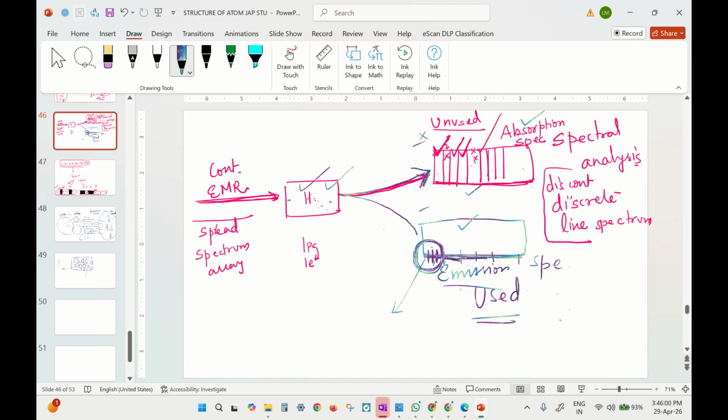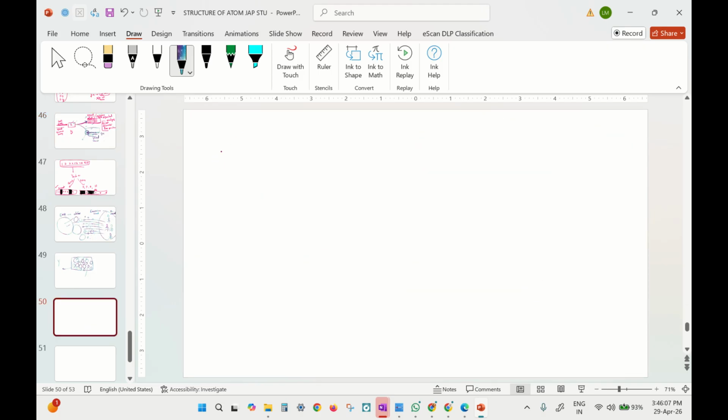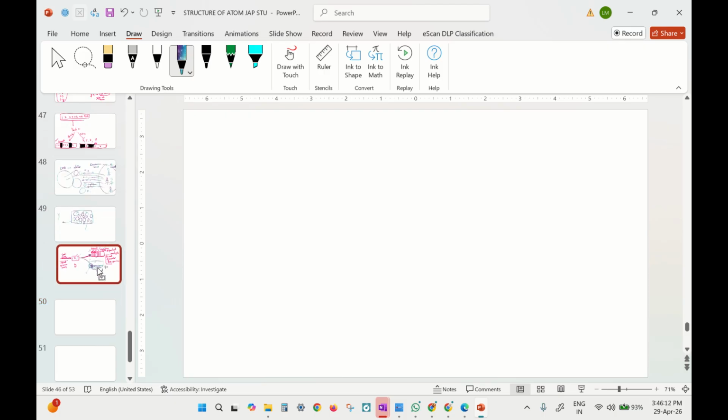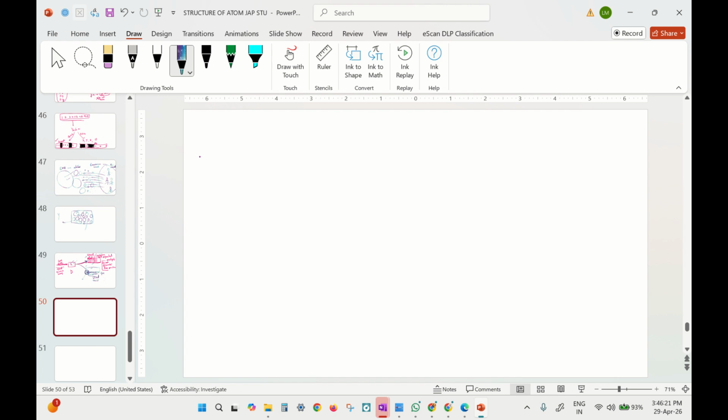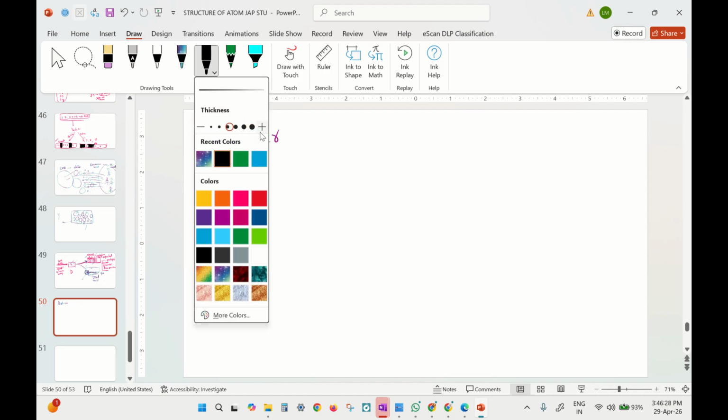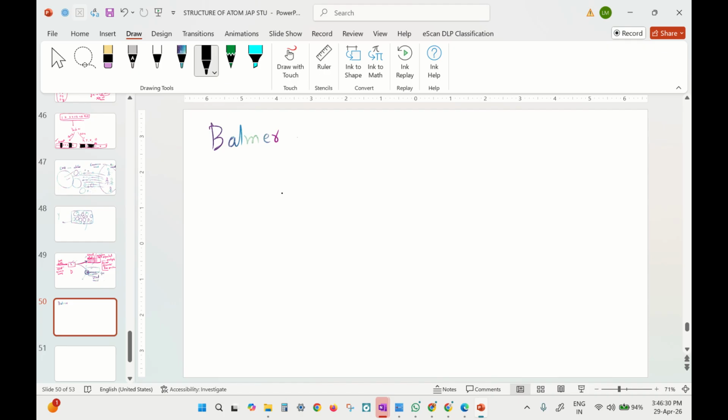So the mathematical expression given for the radiations of these values was now mathematically presented, and Balmer gave one equation which is popularly called Balmer's equation. What did it look like? It said that the wave number is represented with, what is wave number, remember?